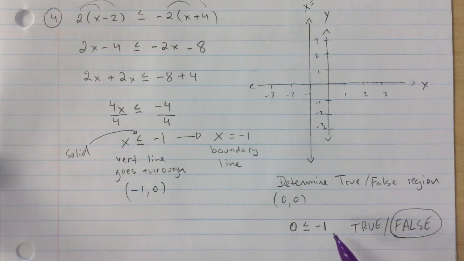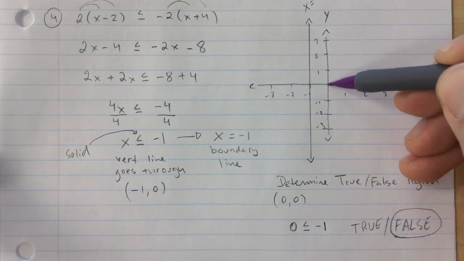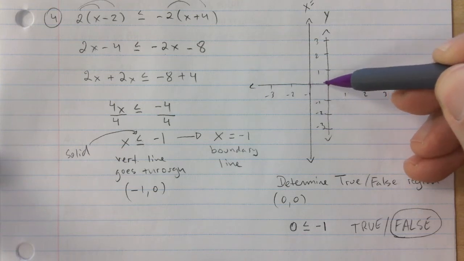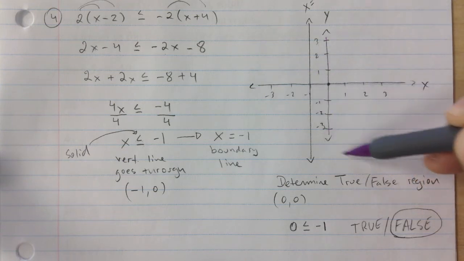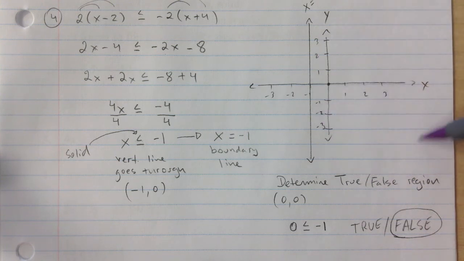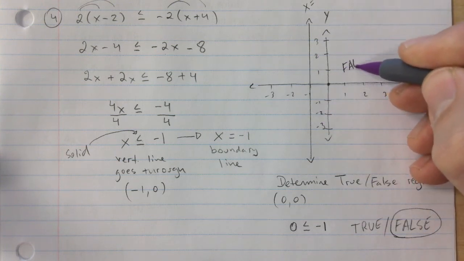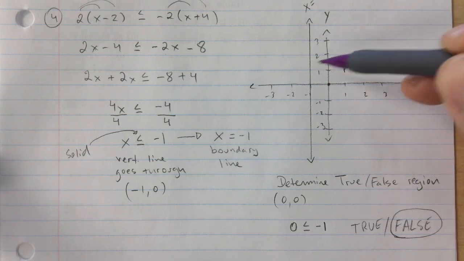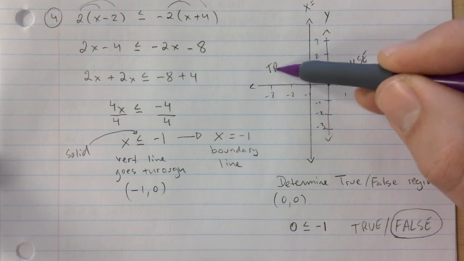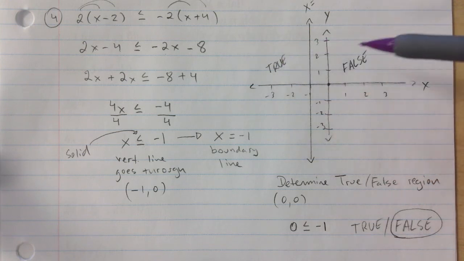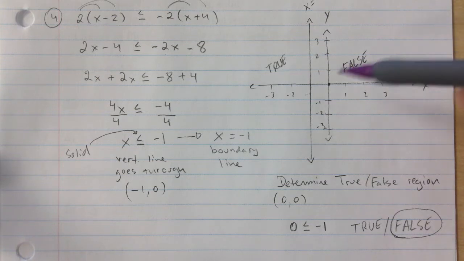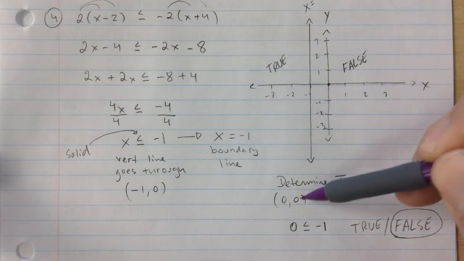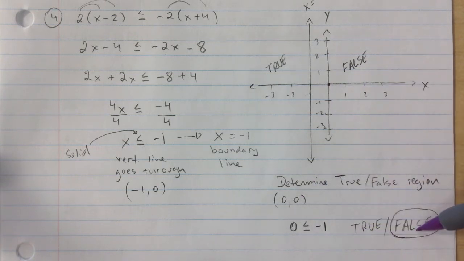Because the test point we picked is to the right of the line, that means that everything to the right is going to be false. So we declare this area here false, and by definition, we have to call the left side true. Because 0, 0, when we tried it, it gave us a false result.